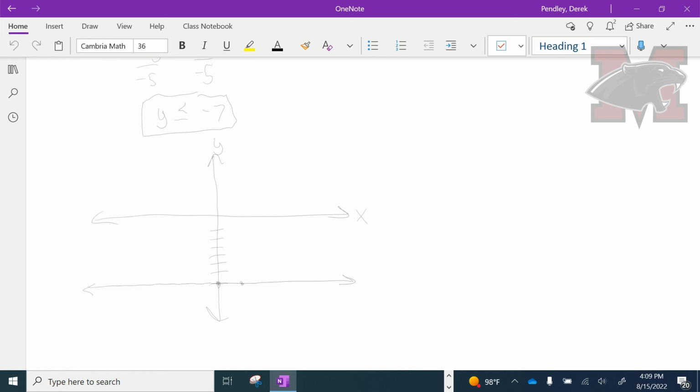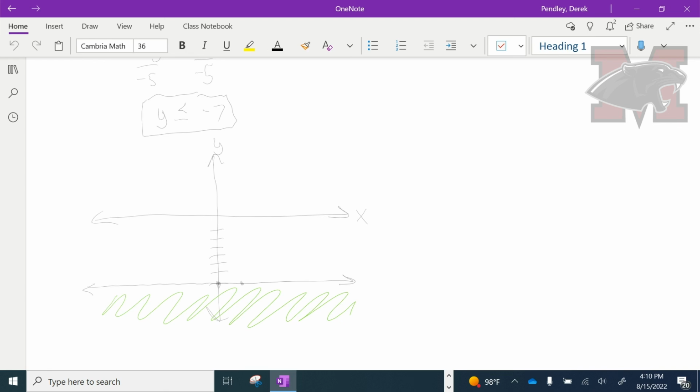I have a solid line because it includes the equals. And let's test (0, 0). Is 0 less than negative 7? The answer is no. So therefore, you have to shade the other side of the line from the one the origin is on, because that means the other side must be true.